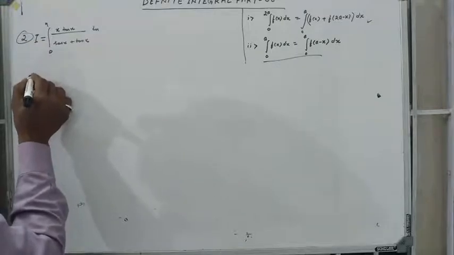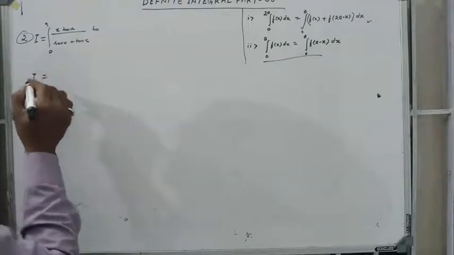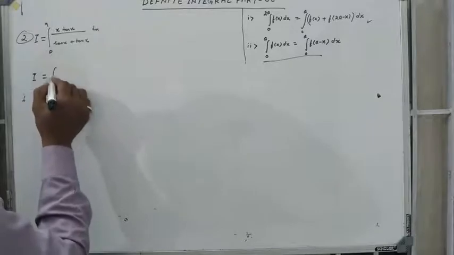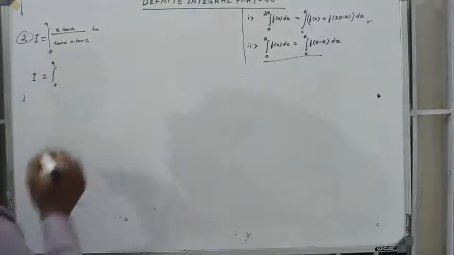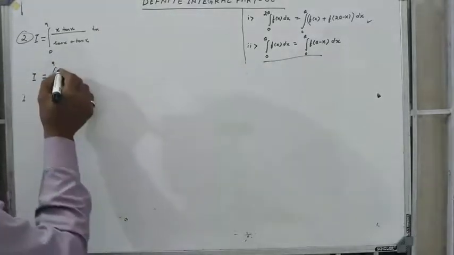So again I is equal to the integral from 0 to pi. The second property we are applying here.